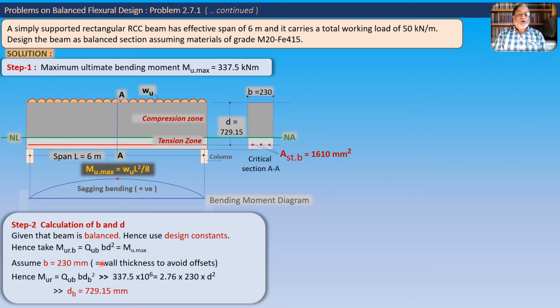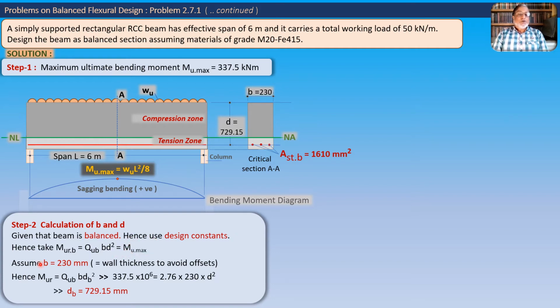Now the method of getting the values of B and D for a balanced section is to use the design constants that we have already taken down at the beginning. So we will use the formula Mu R balanced equal to Qu b into B D square. This formula we have to use for calculation of B and D, and we will equate it to Mu max.